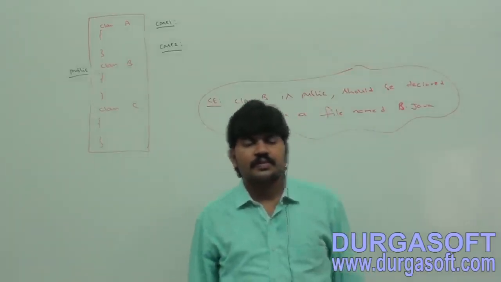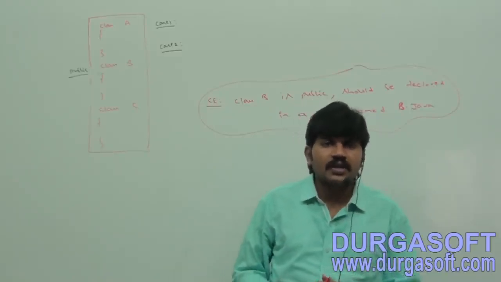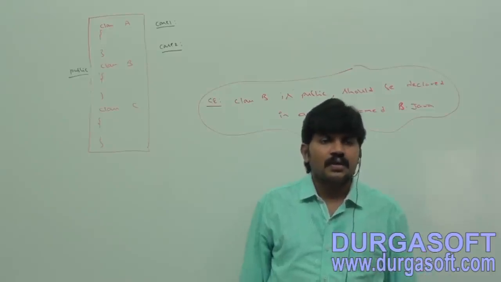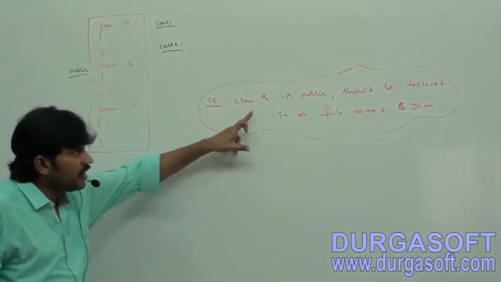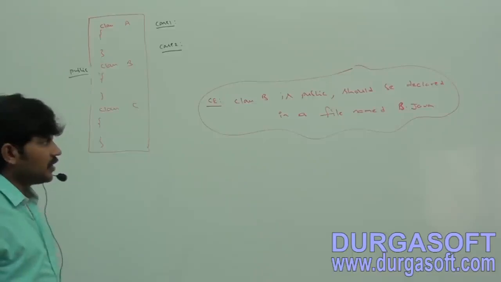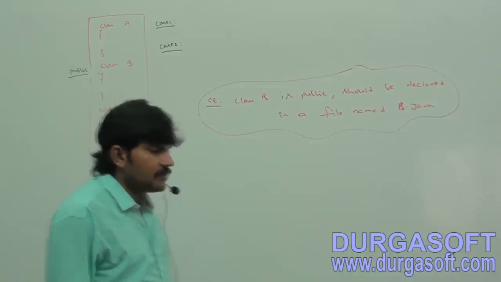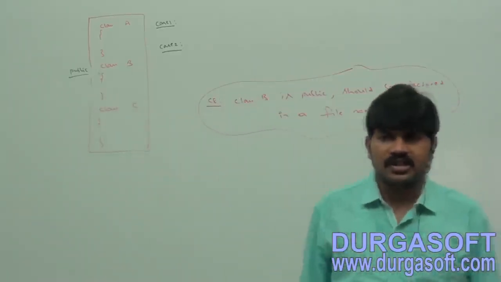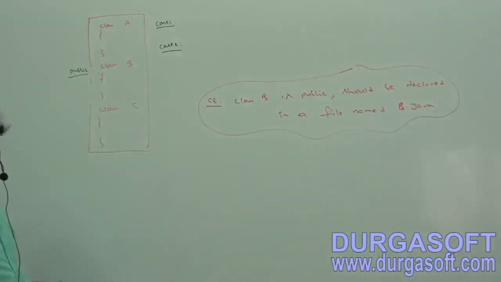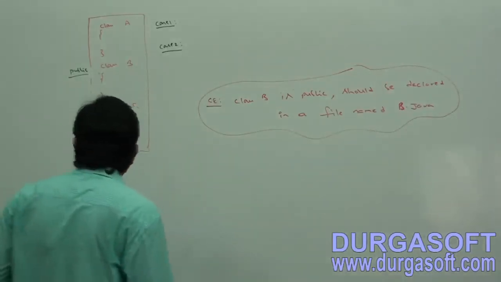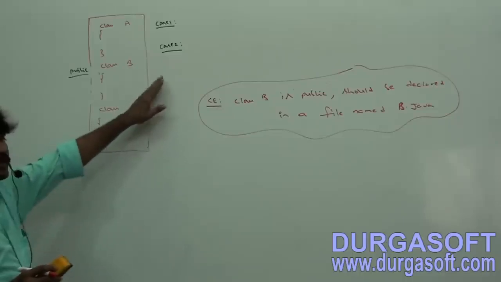Otherwise, we will get a compile time error saying: class B is public, should be declared in a file named B.java. So, case 1, case 2.